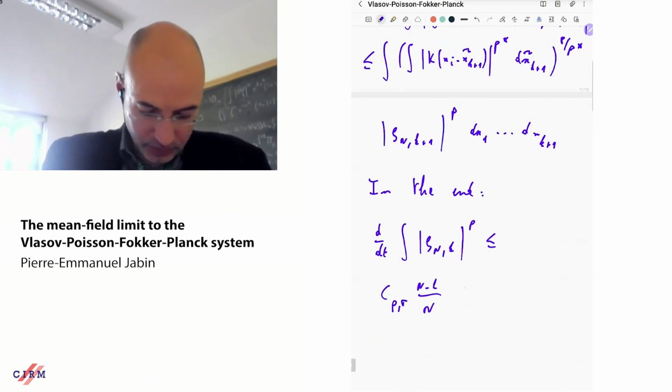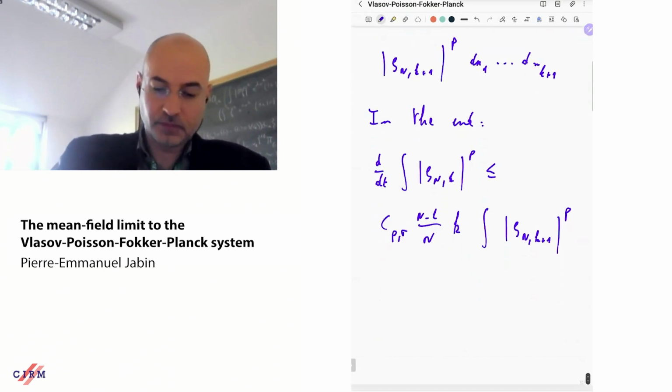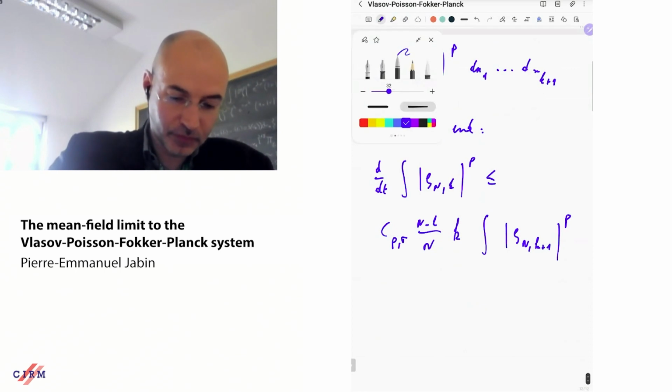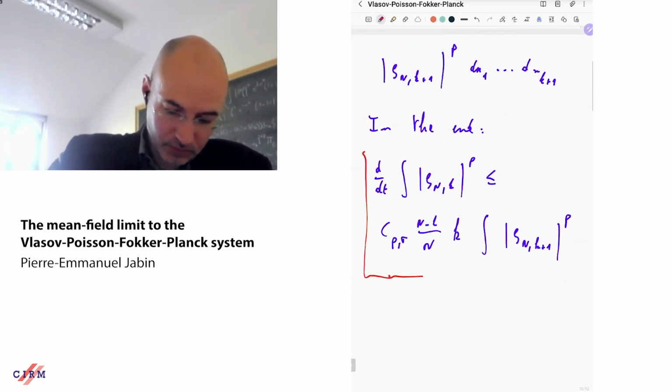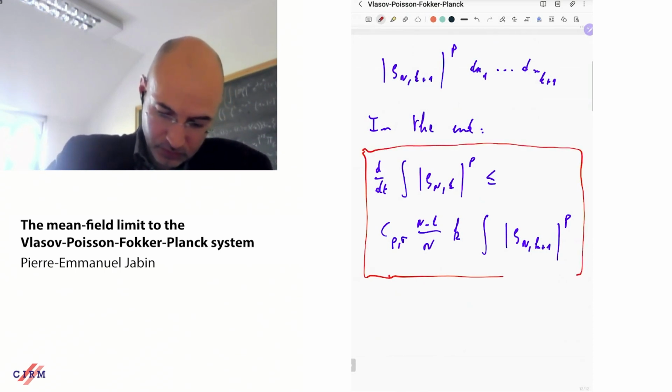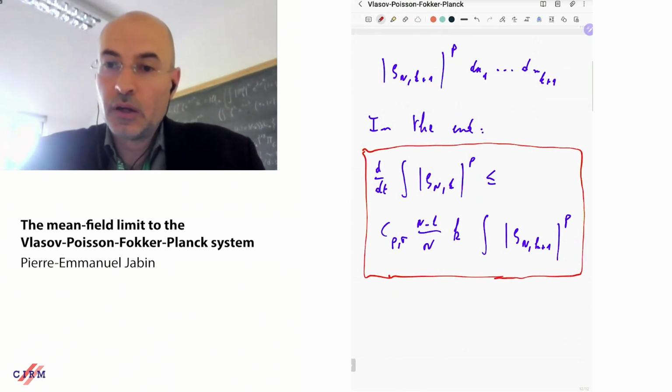Depends on sigma here as well, and then I have k, and then I have the integral of rho n k plus 1. And this, it turns out, is nice.